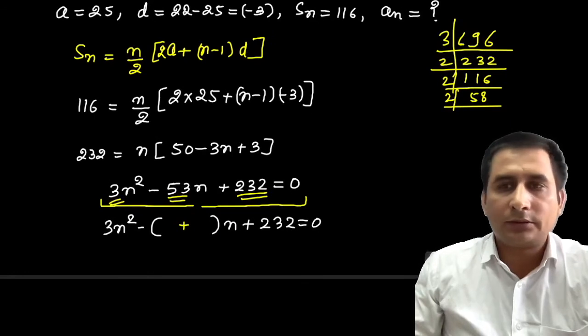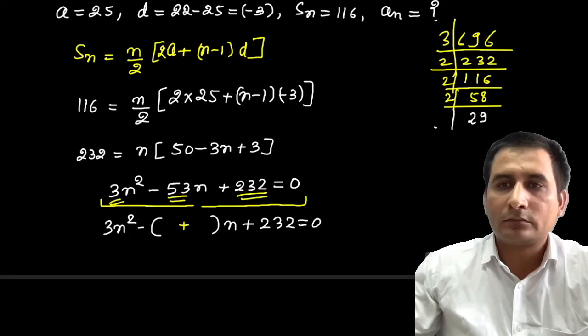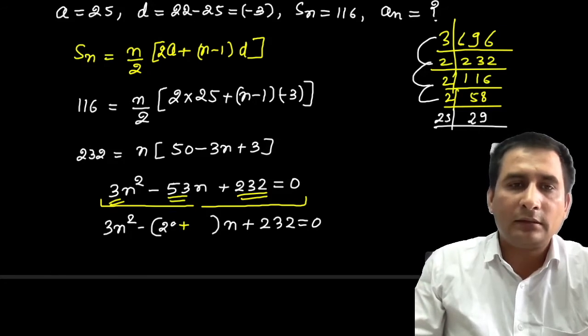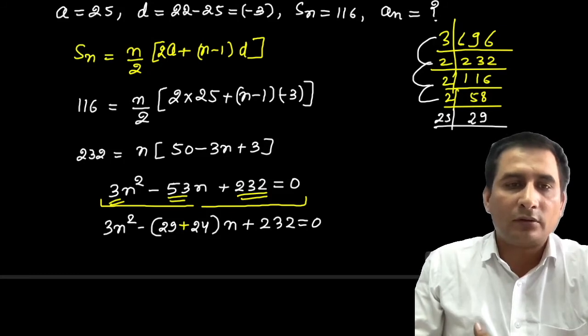What are the factors? 3 twos are 6, 3 threes are 9, and 3 twos are 6. Three to the 6, 6 to the 12, 12 to the 24. So it's 29 plus 24, right? 29 plus 24.